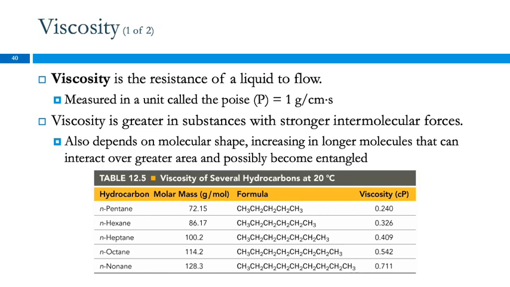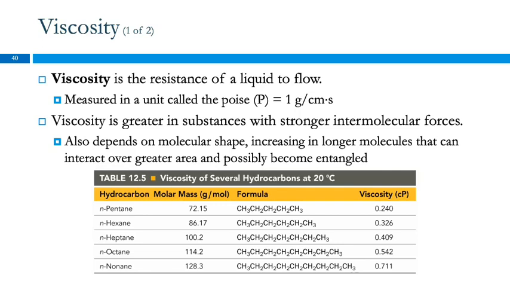Okay, viscosity. Viscosity is the resistance of a liquid to flow, and this also has a unit to quantify it. It's called the poise. It's 1 gram per centimeter second. And again, we're not going to do anything with that unit. Viscosity is greater in substances that have stronger intermolecular forces. So if you imagine molecules as being people in Velcro suits, right?